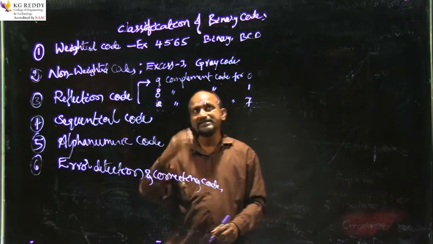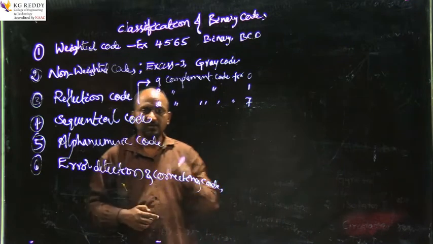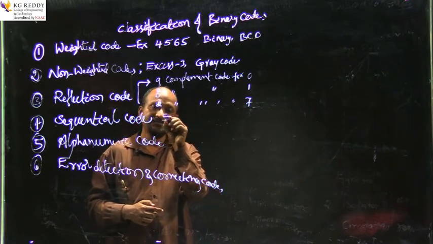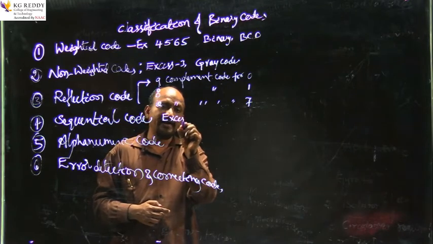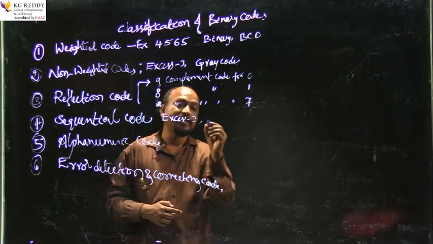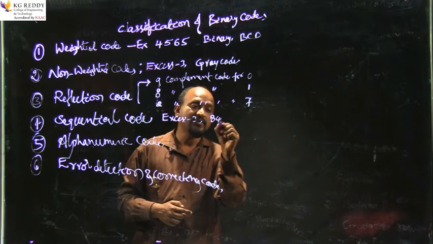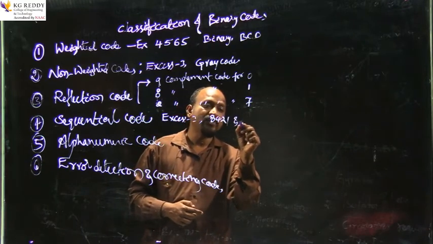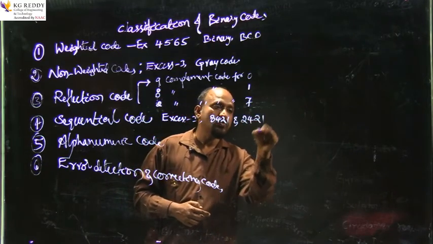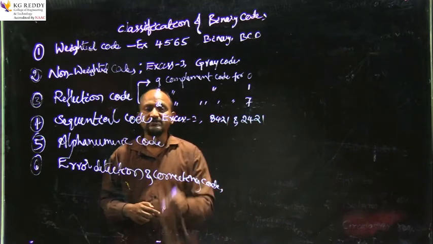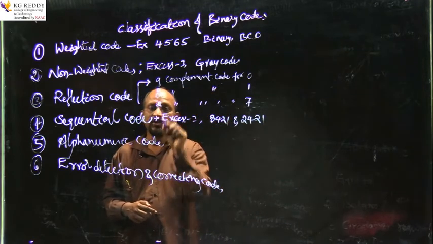Examples are the XS3 code, 8421 and 2421. All these are example codes for sequential codes.